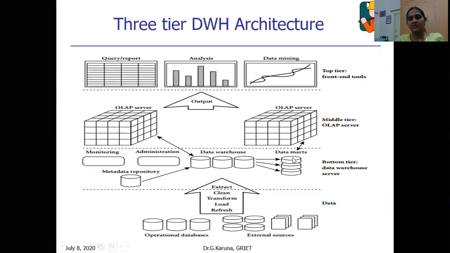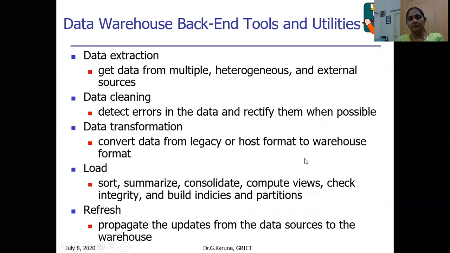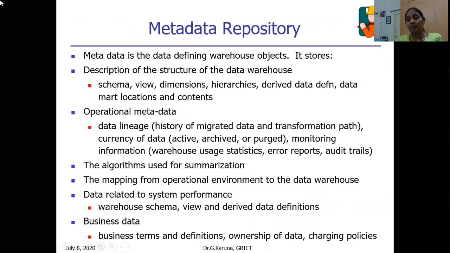So let us see what is meant by the metadata repository. Mainly it is nothing but data about data. What kind of data is maintained in the data warehouse? The description or structure of the data warehouse, what kind of schemas are there, star, snowflake, or fact constellation schemas, what the operational, historical, or migrated data is, and the currency of the data.